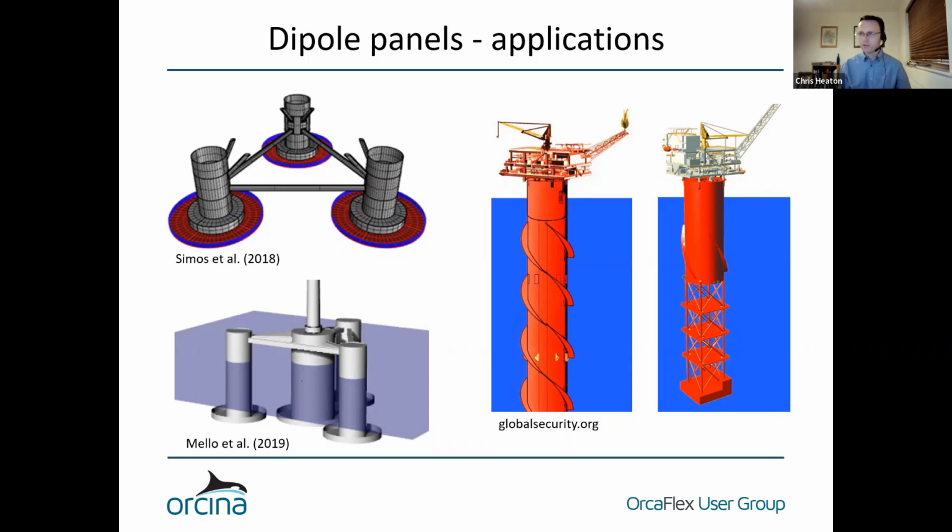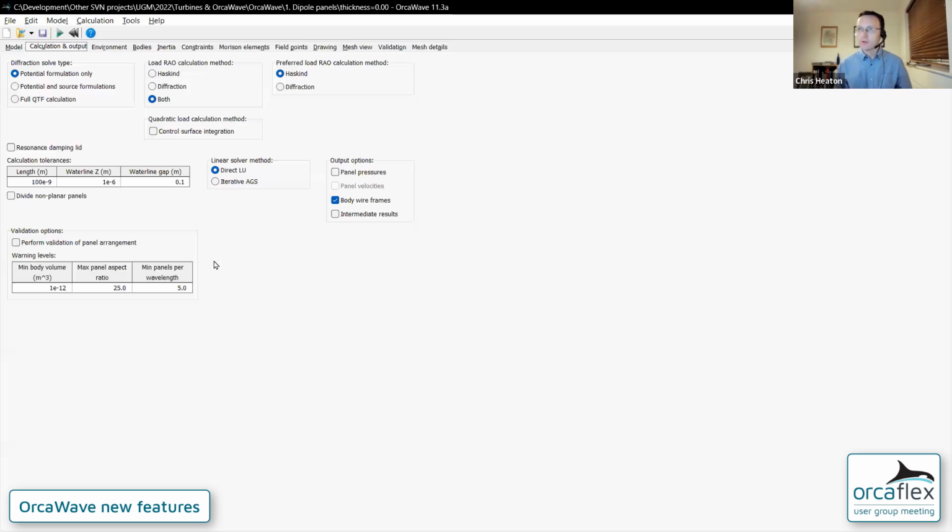So I'm going to show you an example which is based around this platform in the top left here, which is a floating wind platform, and it's the subject of a 2018 paper by CMOS and others. So let me switch to OrcaWave and show you this model.